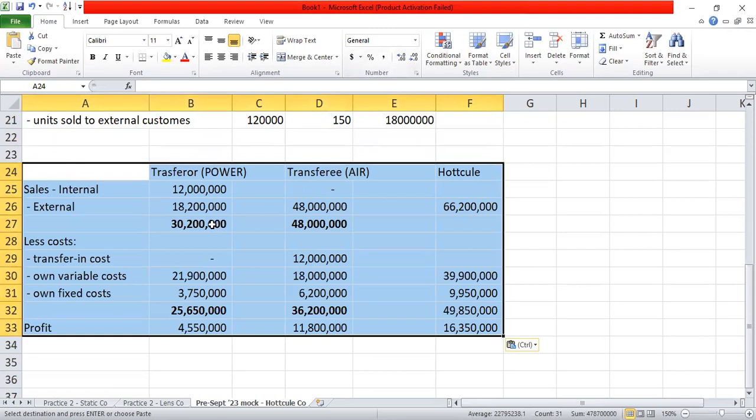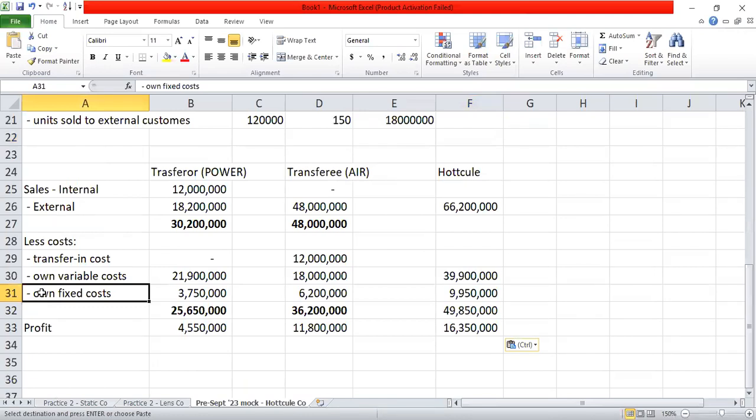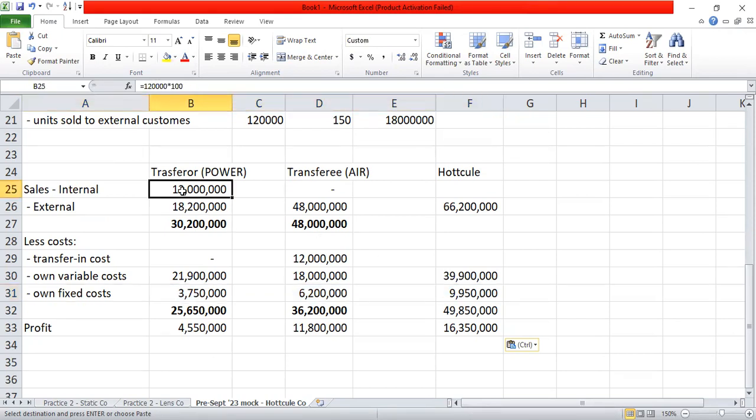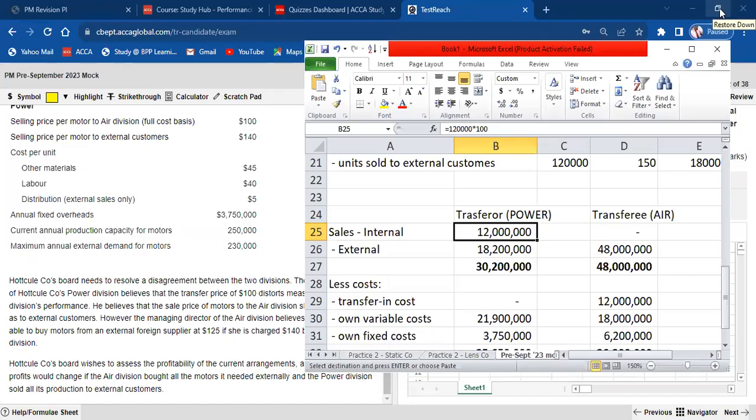Now, figures will change. The own fixed cost will not change. The fixed cost will be the same. The transfer price does not change it. But very importantly, now we're going to have another condition given to you.